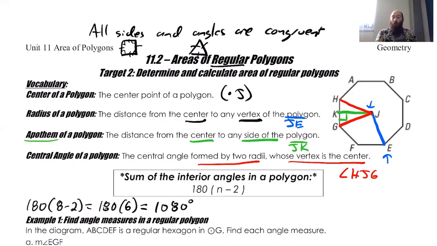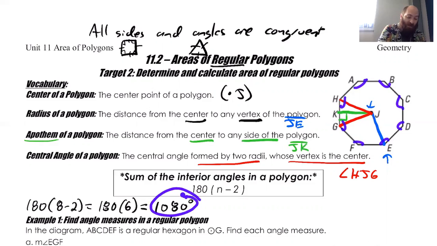Okay, so that 1080 degrees is referring to these 1, 2, 3, 4, 5, 6, 7, 8 angles added up. All right, so if I want to find these individual angles in a regular polygon, I can take the 1080 divided by 8.